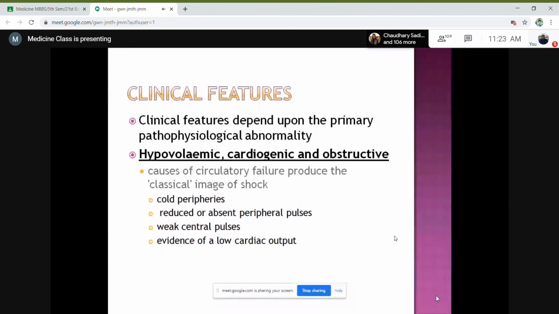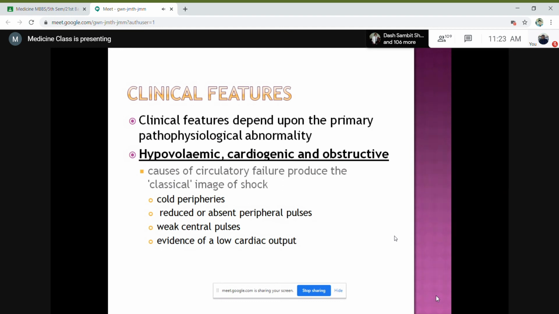So the clinical features generally depend on the primary pathophysiological abnormalities. Like in cases of hypovolemic, cardiogenic and obstructive shock, it is because of low perfusion. So there will be circulatory failure, and they will present with a classical picture of shock.